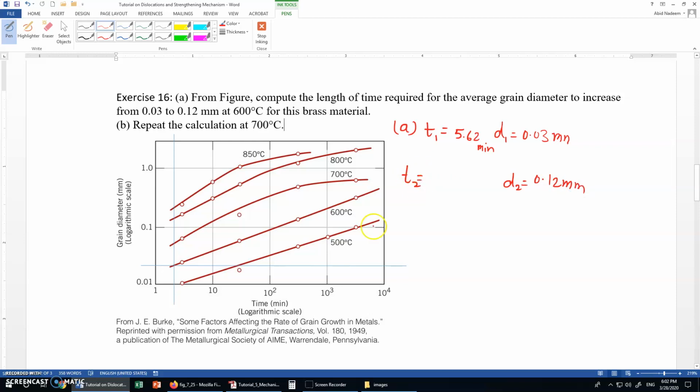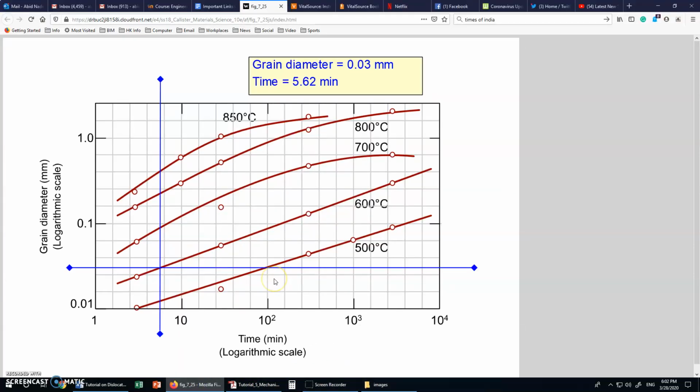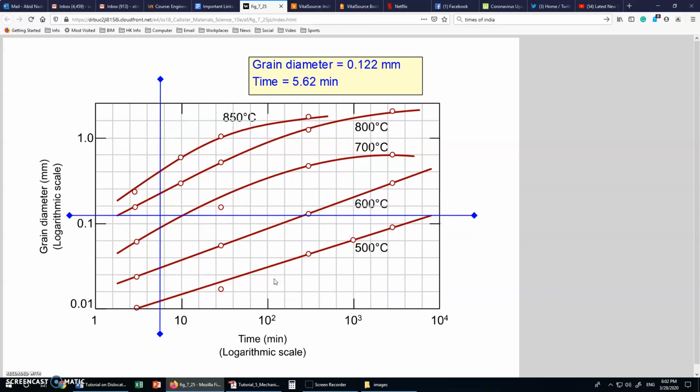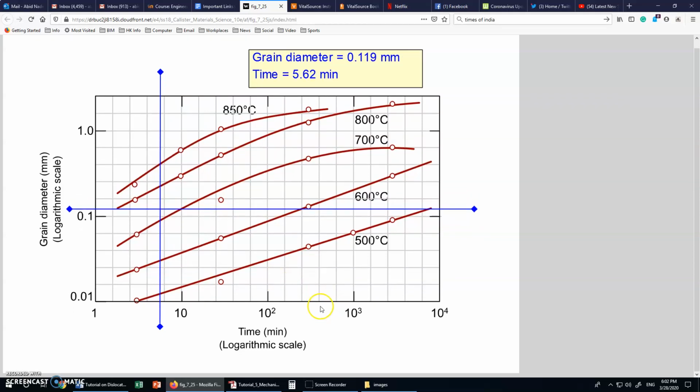T2 will be the time which we need to read from this interactive graph. So I move this horizontal line to 0.12 millimeter, which is here approximately, and then I move this vertical line to its intersection somewhere here. I can read this value over here. It is 246 minute.